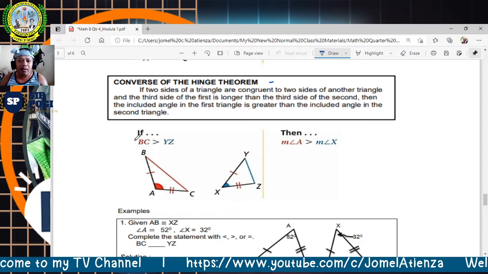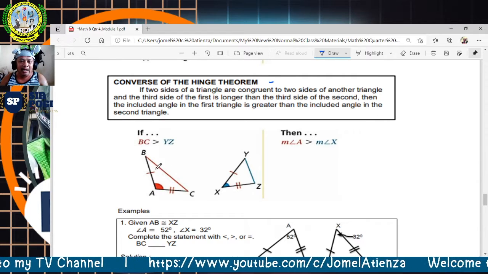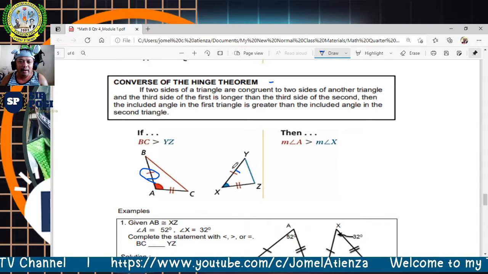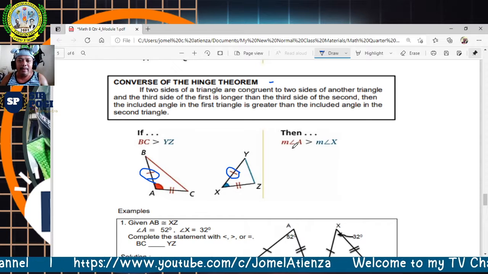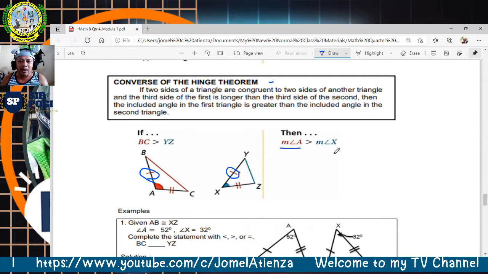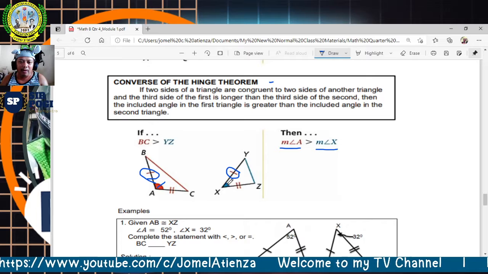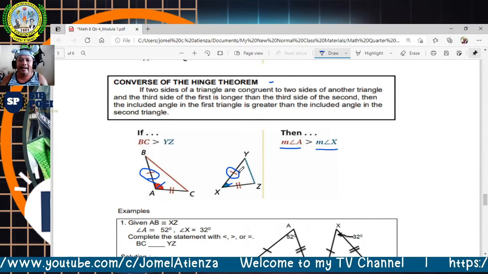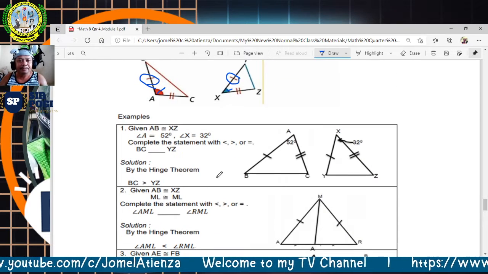For example, BC is greater than YC. If it is greater, then the measure of angle A is greater than the measure of angle X. The converse refers to the angle beside that side. Okay?